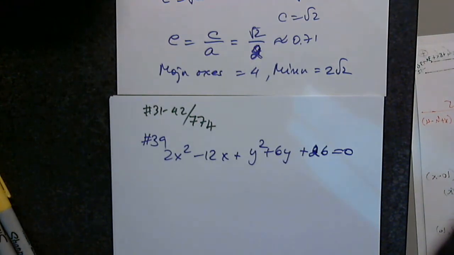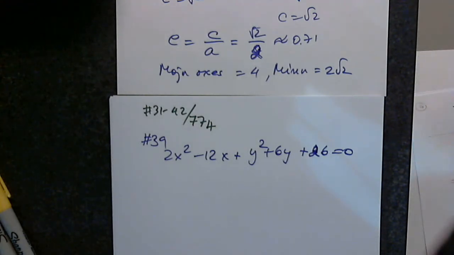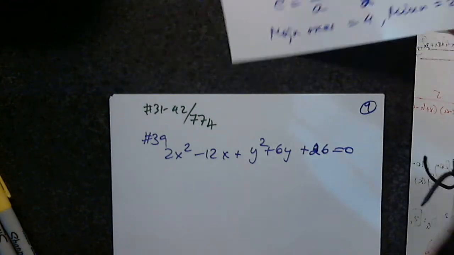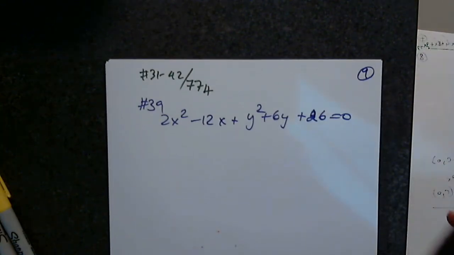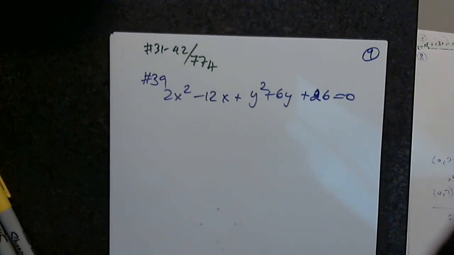And yes, I already know that it cannot be a parabola. What else can it not be? Circle. Yes. So it can be a non-conic section, or it can be a hyperbola or an ellipse. Good. How do I start?